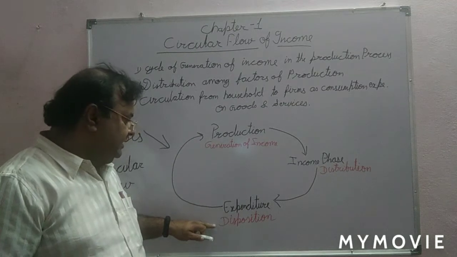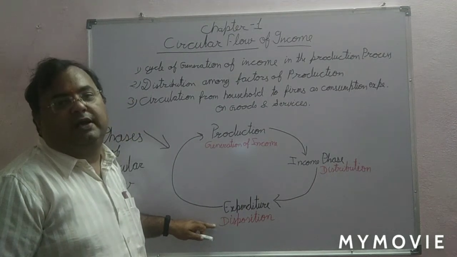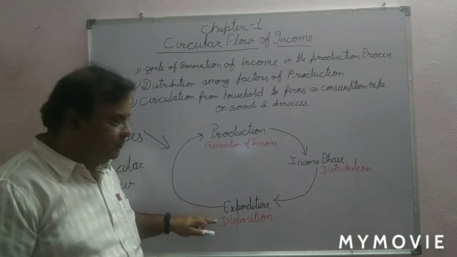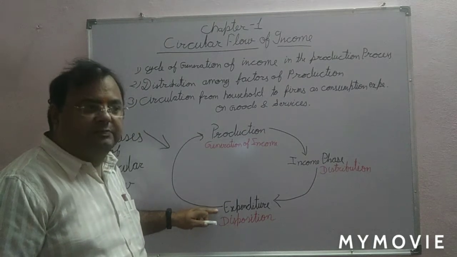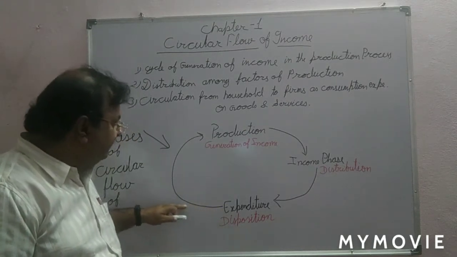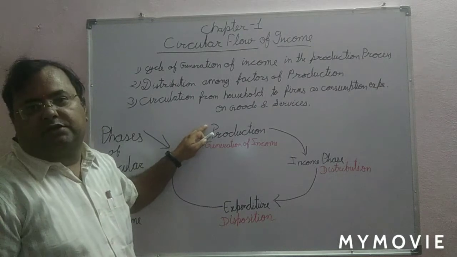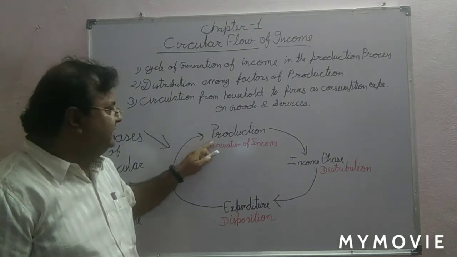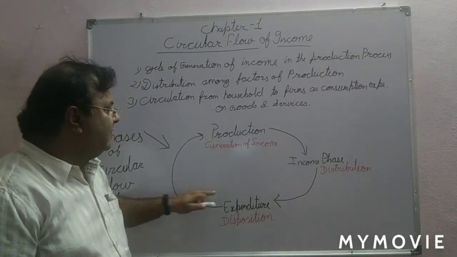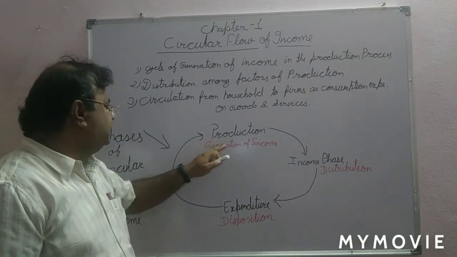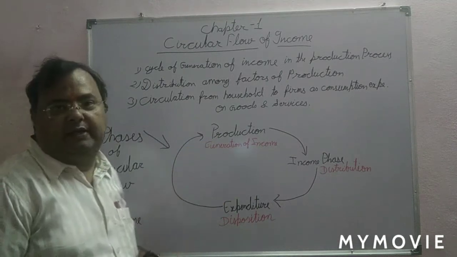That is disposition of income. And when we spend our income, again that liquidity moves towards production of goods and services. These are the three phases of circular flow of income.